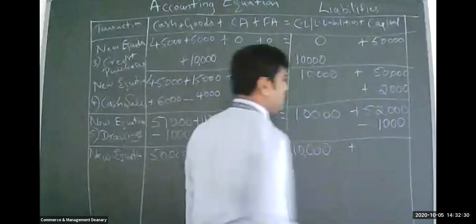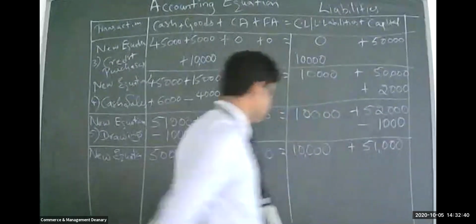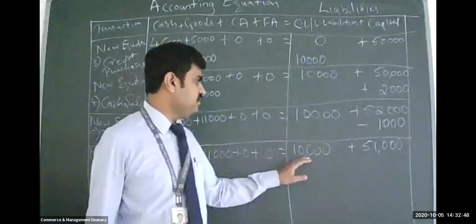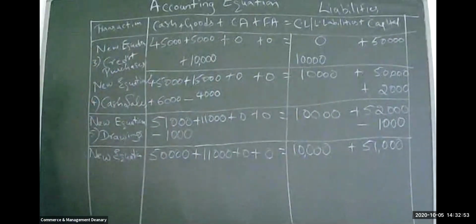And how much is capital? 51,000. Is it tallying? Check. 50,000 plus 11,000 is 61,000 on the left hand side. On the right hand side, how much do we have? 10 plus 51 is correct. Both sides are correct.